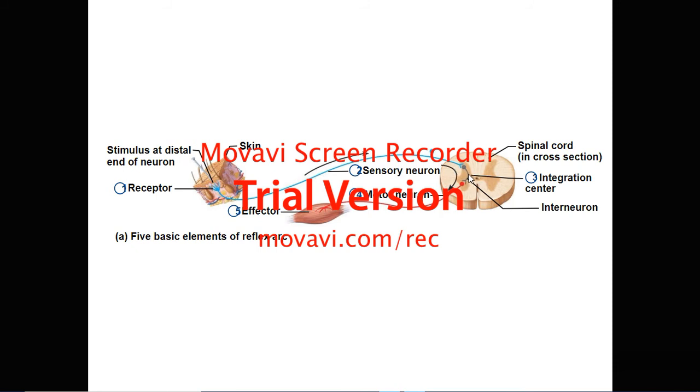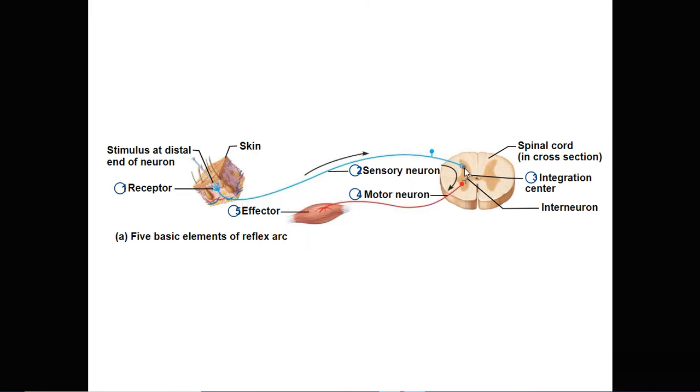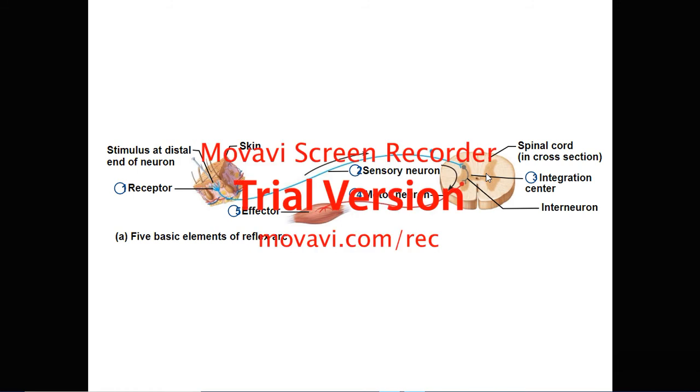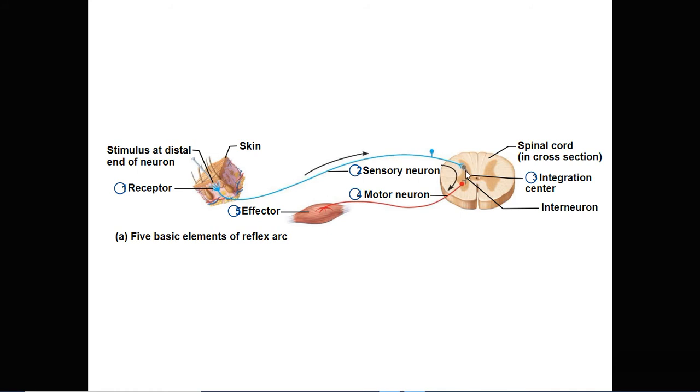So if you have an interneuron in between the sensory neuron and the motor neuron, that's going to be a polysynaptic reflex, and it's going to involve one or more interneurons synapsing to form the integration center. And you may ask, well, in this case, all you're doing is going from the sensory neuron to an interneuron to the motor neuron.